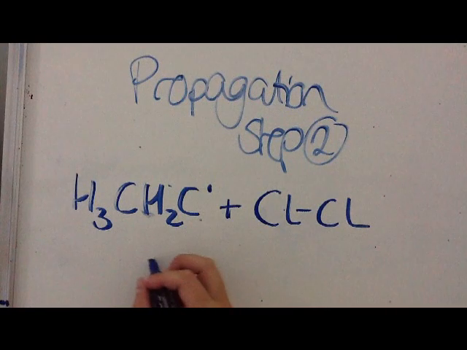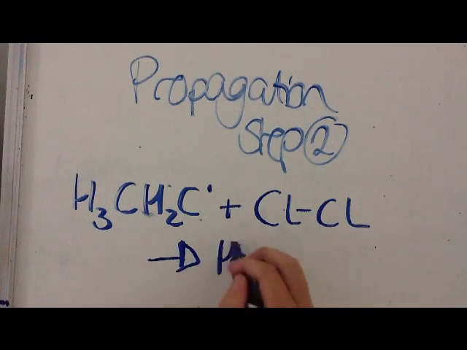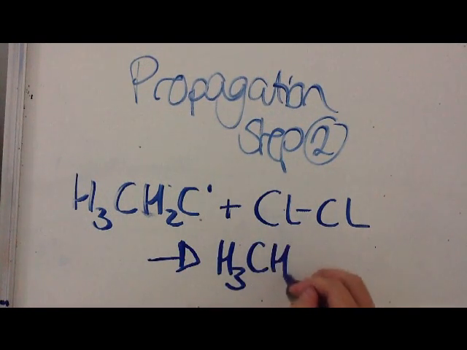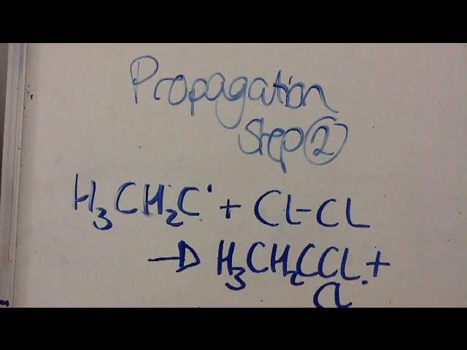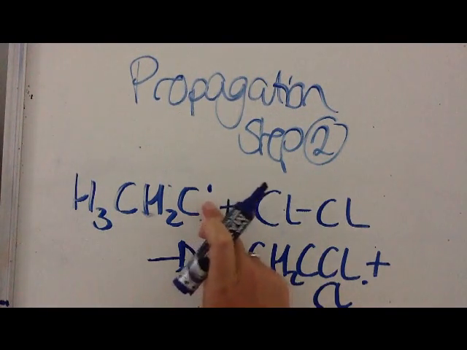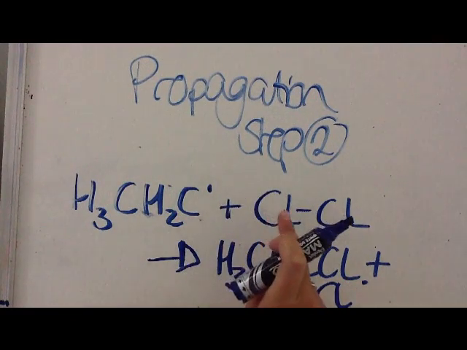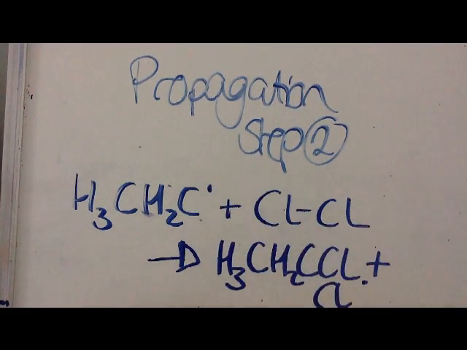What we want to make at the end is this. The way that we show that is that there needs to be a bond created here between a C and one of the Cl's, and this bond here needs to be broken.